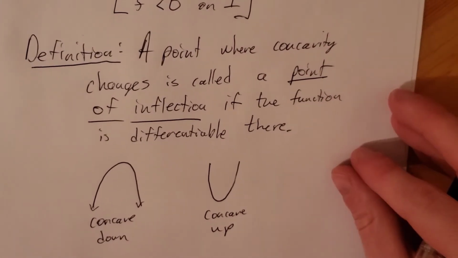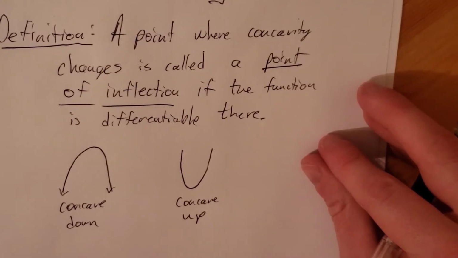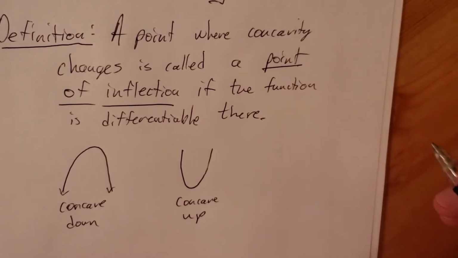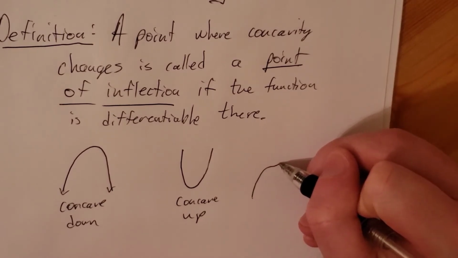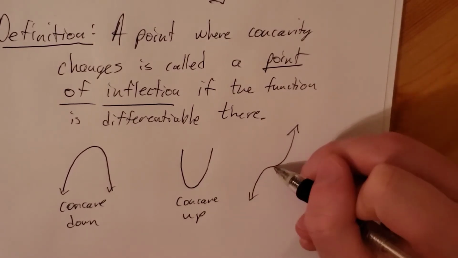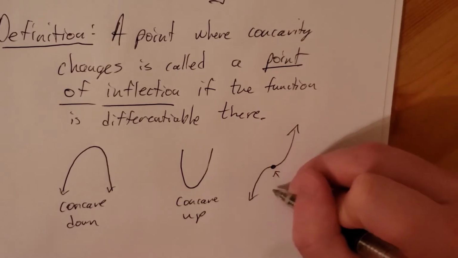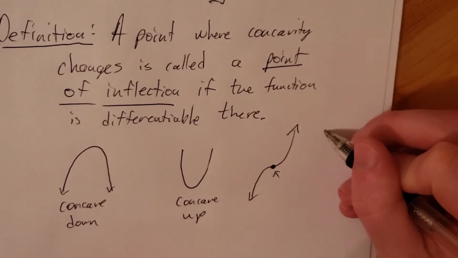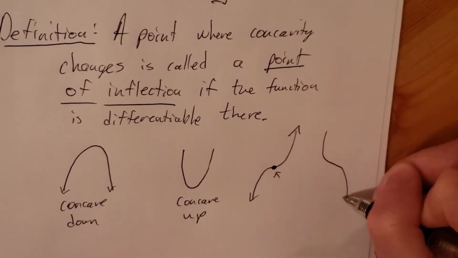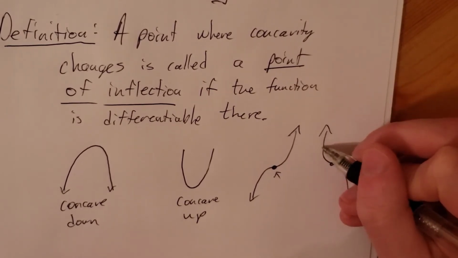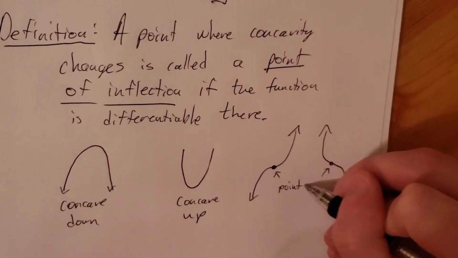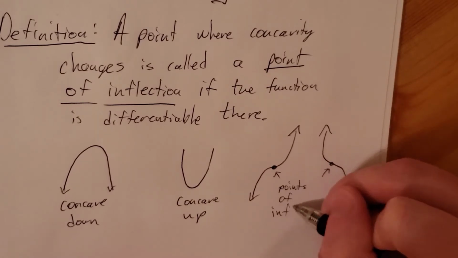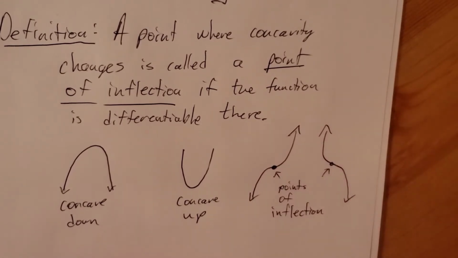And a point of inflection is when we switch from concave up to concave down or concave down to concave up. One example from concave down to concave up would be something like this, like the y equals x cubed graph. Or y equals negative x cubed, where we switch from concave up to concave down. So these are both points of inflection.